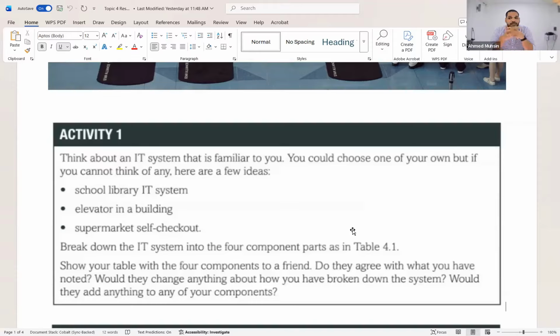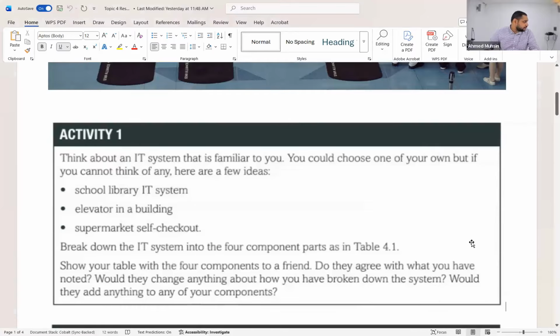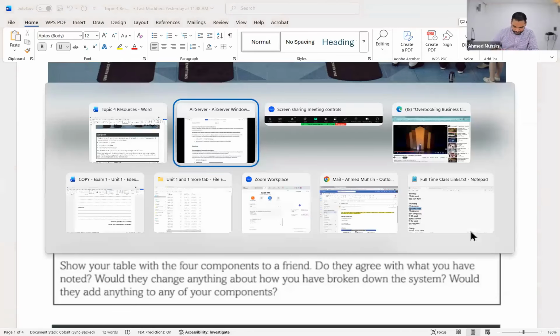So shall we pick up a system and shall we do it? What system shall we take? Self-checkout. Okay, so I'll do it on my screen itself. Okay, give me a second, please. So I'll do it on my screen itself, everybody.